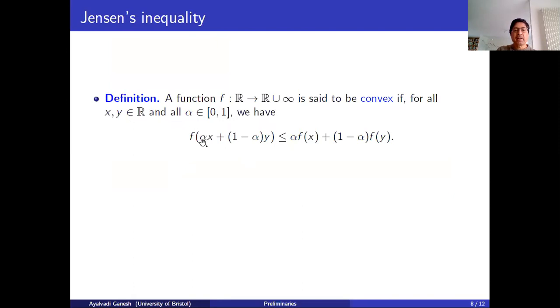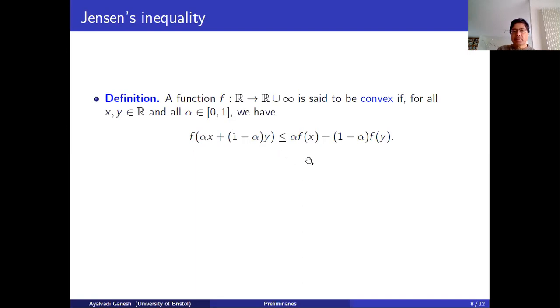F evaluated at alpha x plus 1 minus alpha y is smaller than this right-hand side. Okay, so a bit more terminology. If I give you 2 points x and y, then this quantity alpha x plus 1 minus alpha y is called a convex combination of x and y for alpha between 0 and 1.